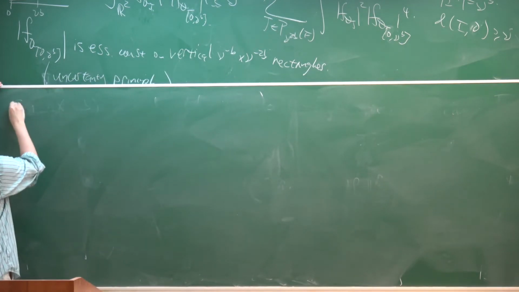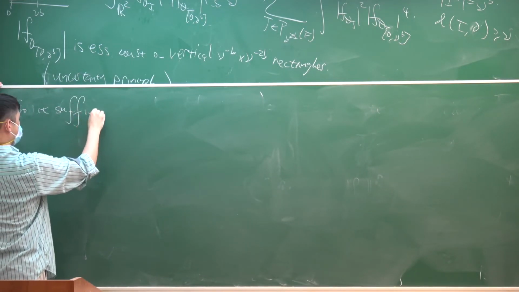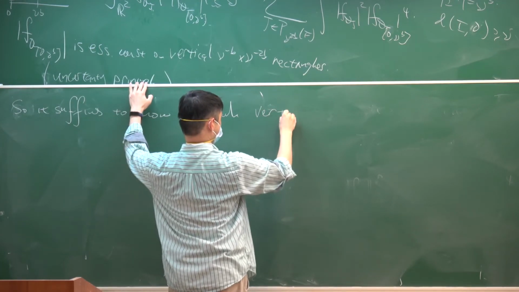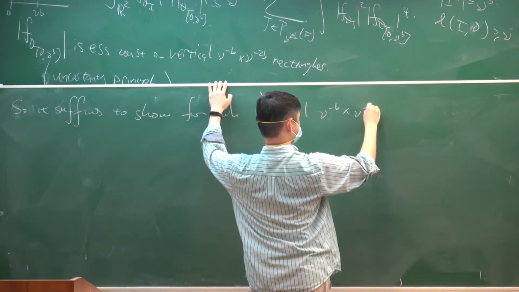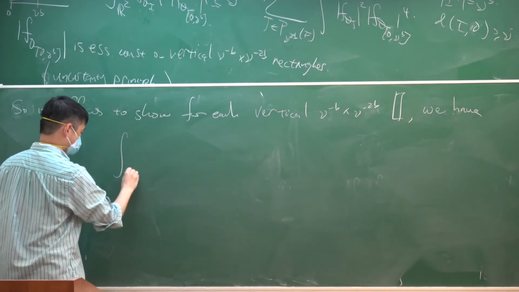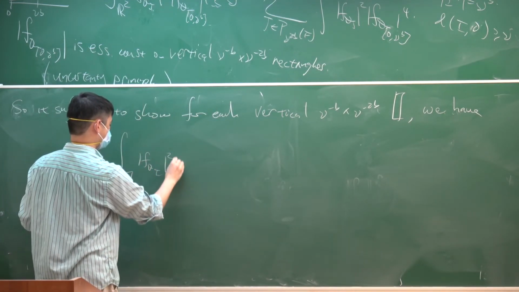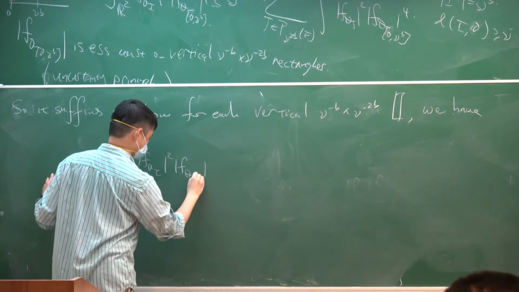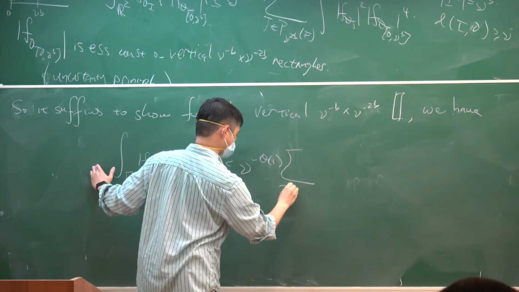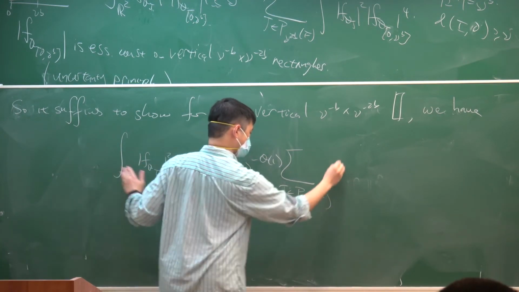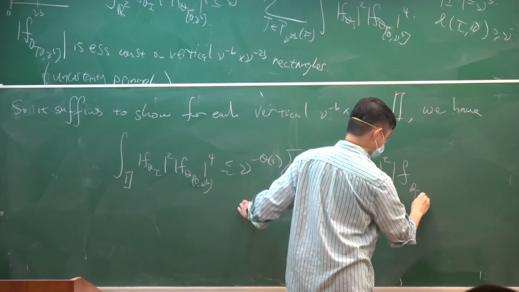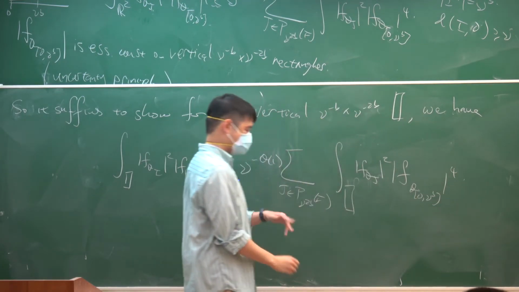Great, so it suffices to show, for each vertical nu to the minus b by nu to the minus 2b rectangle, that the integral over a rectangle, this is now at the origin, satisfies this estimate.